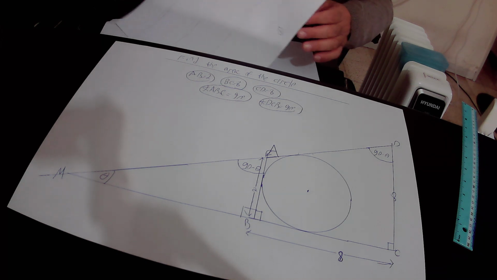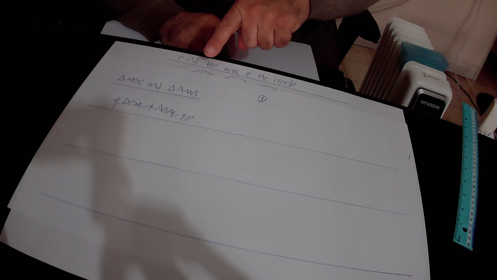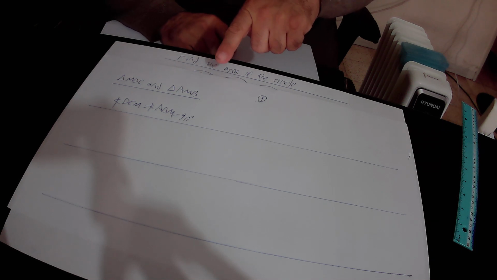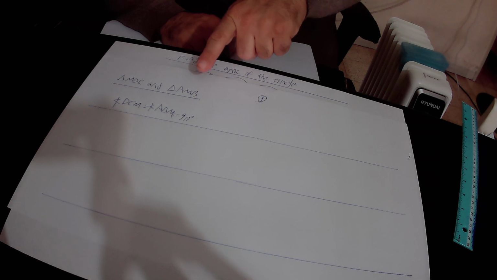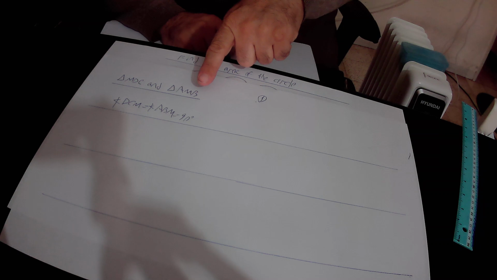Angle DCM in the big triangle is equal to angle ABM in the small triangle. They are both equal to 90 degrees, therefore they are equal to each other.